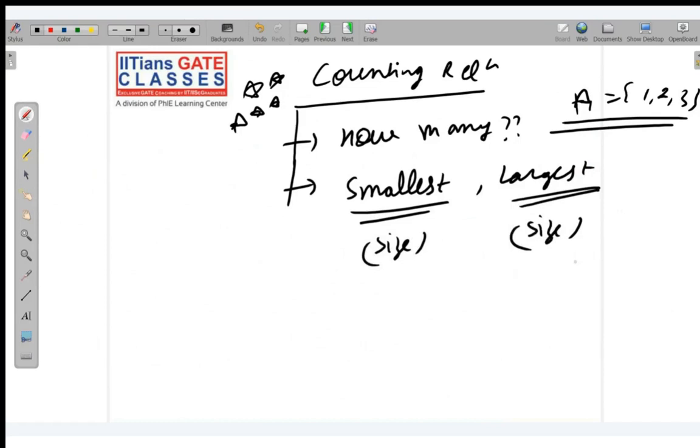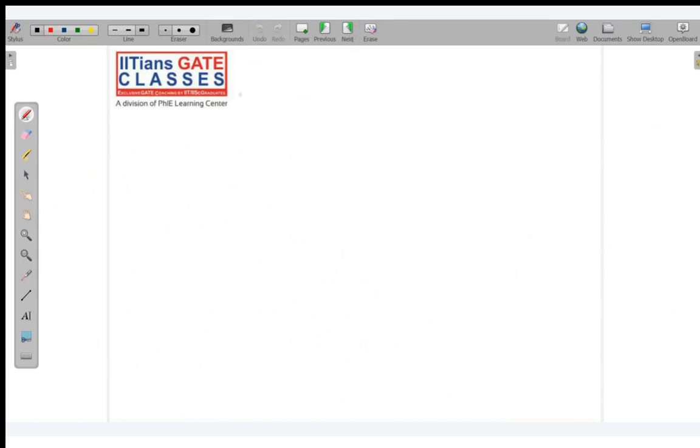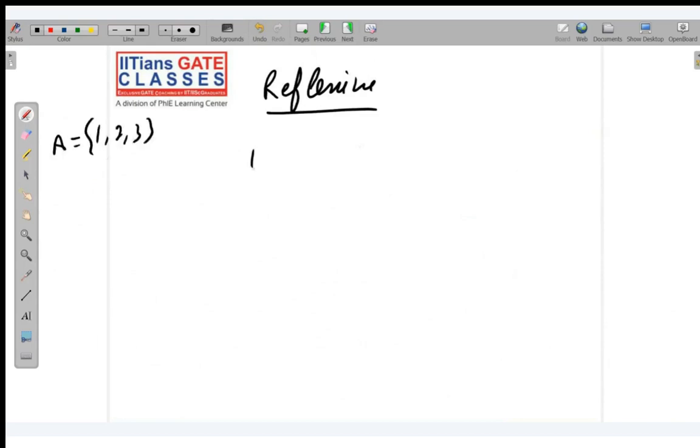So now first is reflexive relations. How many reflexive relations are possible? That is very simple. I have taken the set as {1, 2, 3}, and I will use the matrix method here, which is very easy to understand. Rows 1, 2, 3 and columns 1, 2, 3.